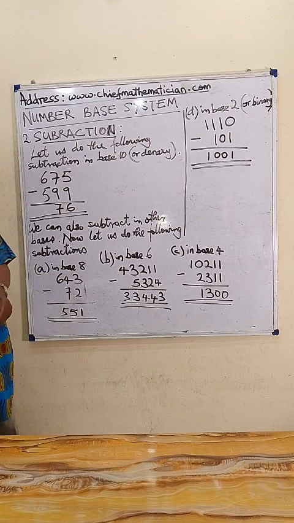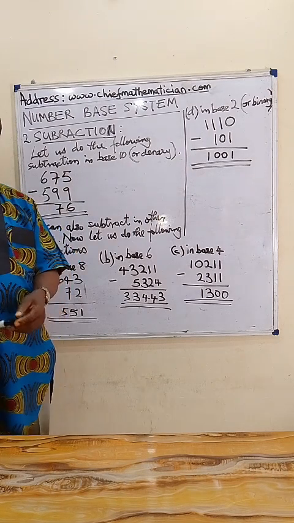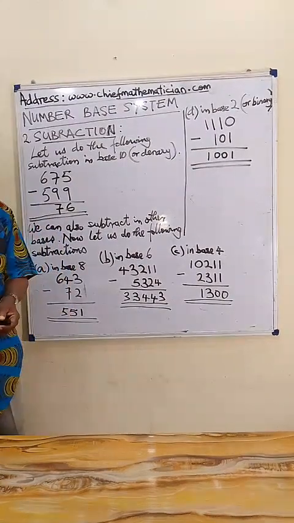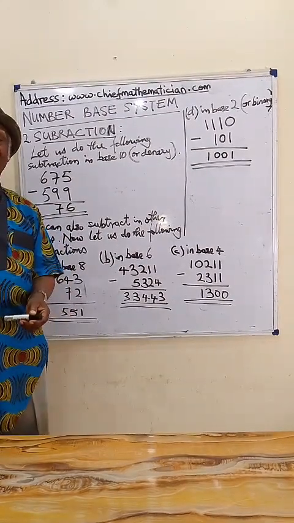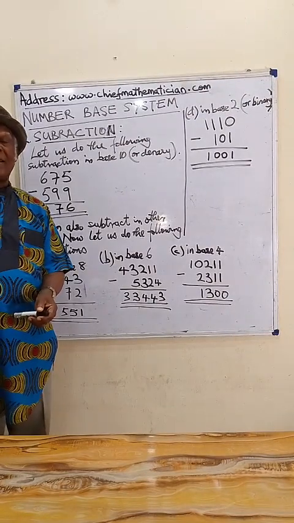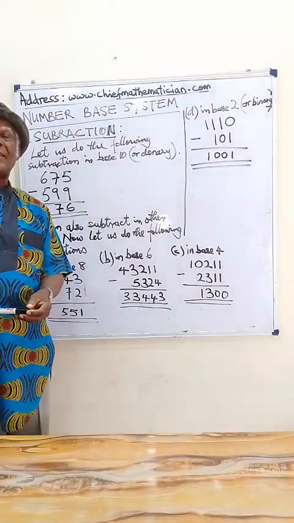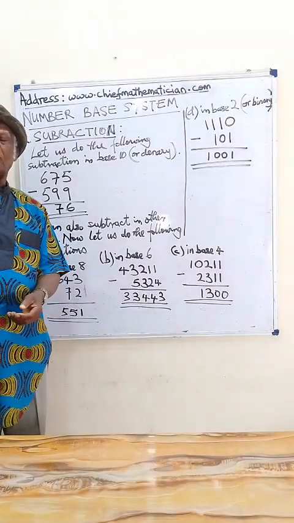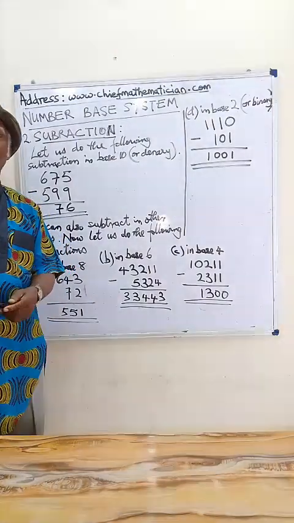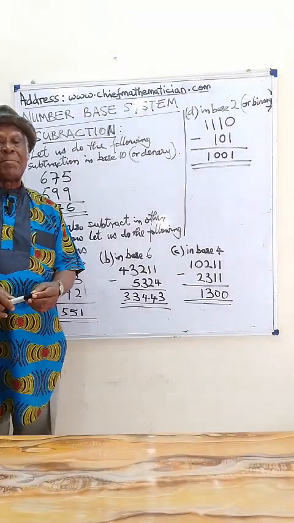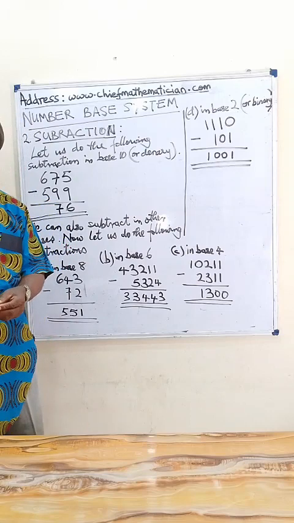Of course, that reminds me of what I told you in our last lesson, that in every base, any number in any base cannot contain any digit that is equal to the base or greater than the base. I want to repeat that because that is a mistake some of us make.